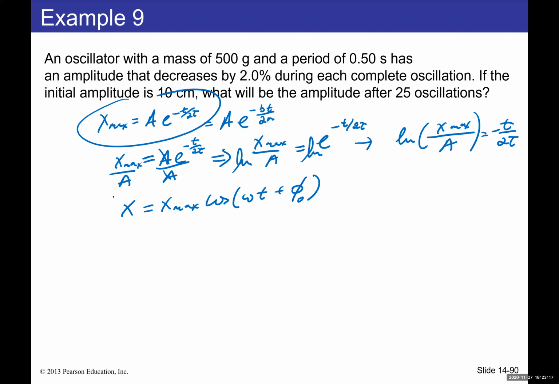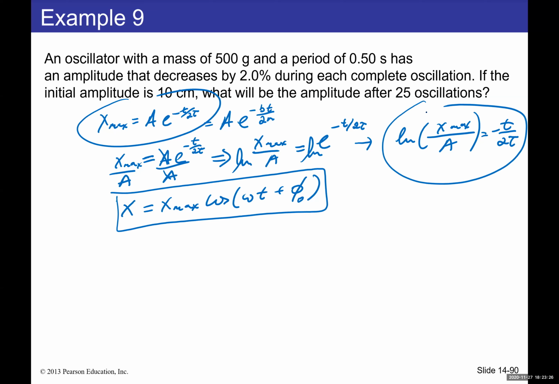Remembering that this is the general equation, I can come back and look at the information that I'm given. The mass is 500 grams and the period is 0.5 seconds. And then it says that for every 0.5 seconds, the amplitude decreases by 2%.